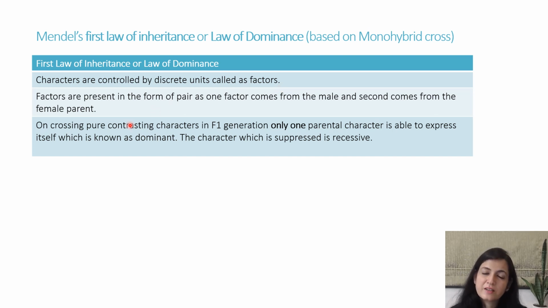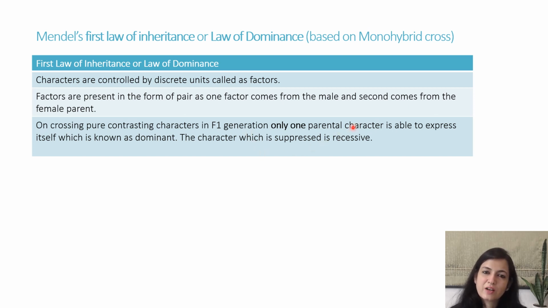On crossing pure parents with contrasting characters, in the F1 generation only one character is able to express itself, and this character is known as the dominant character, and the character which is suppressed is known as the recessive character.